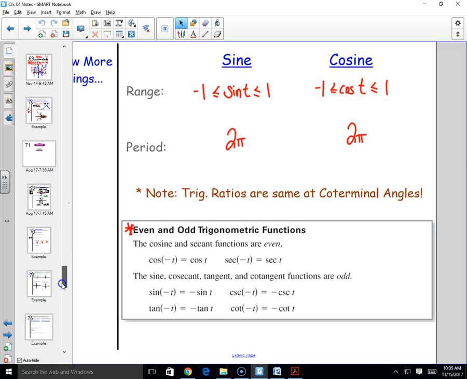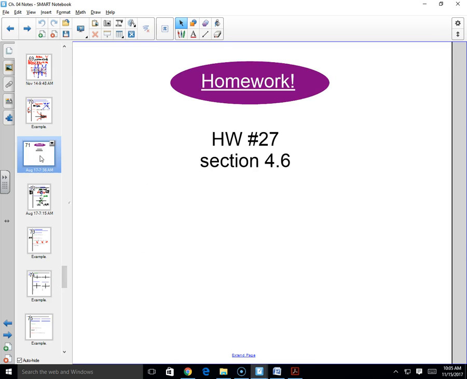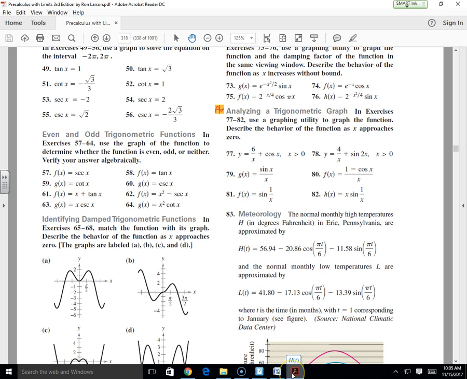Okay. So since even and odd has something to do with symmetry, when they give us a problem like 57, even, odd, or neither, they're actually telling us to think about the graph. So for instance, if I think about tangent, what kind of symmetry is that? Not y-axis, not x-axis, but origin. He's odd. Odd goes with origin.